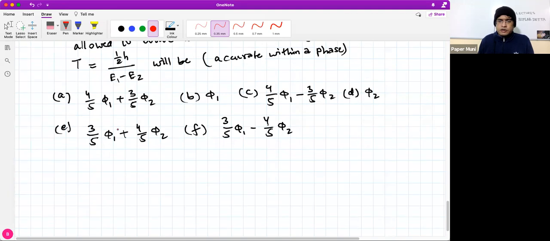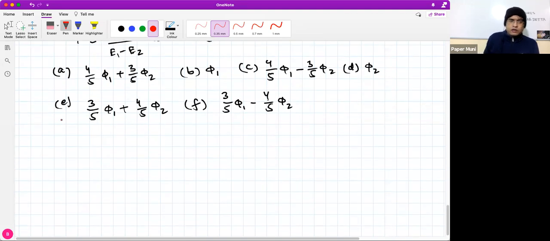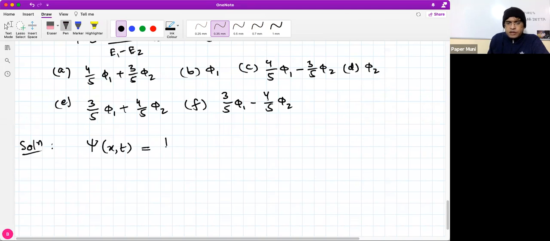You can solve most of the questions by using this technique. So let's write down the complete wave function, including the time part.